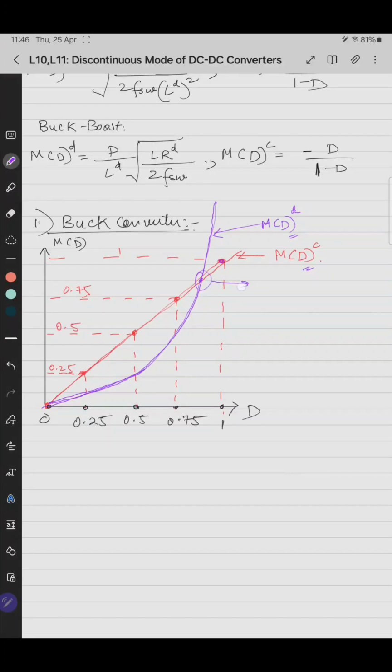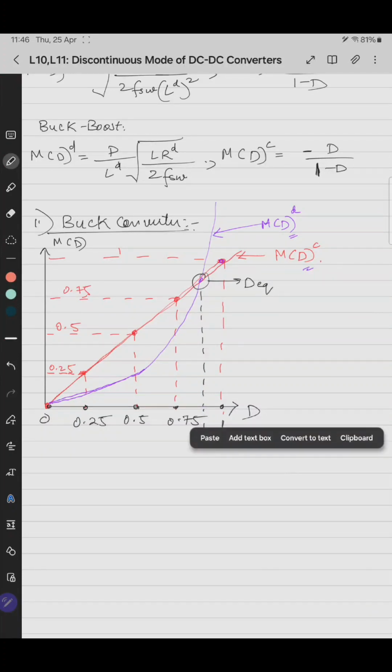So let's call this D equal, where M of D is equal to M of C. From 0 to D equal, gain of continuous conduction mode is greater than discontinuous conduction mode, and further it is vice versa.